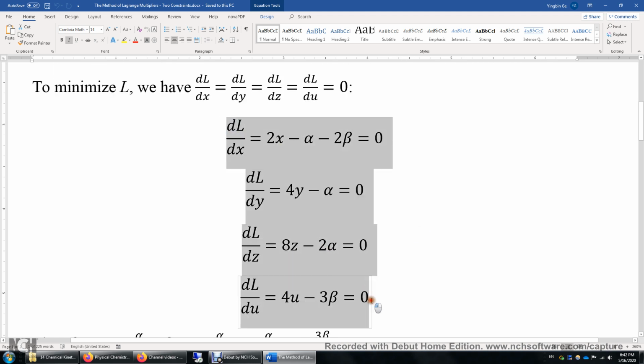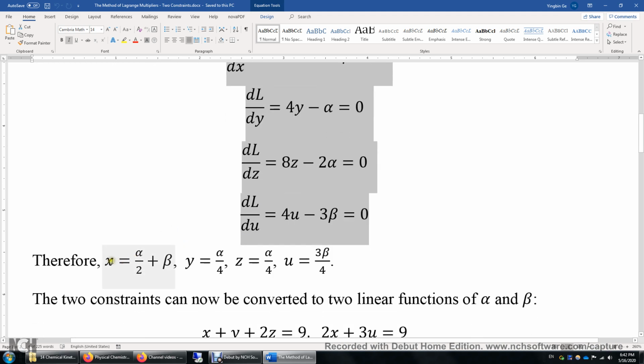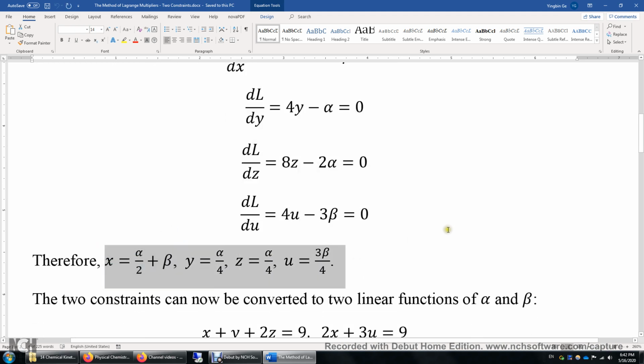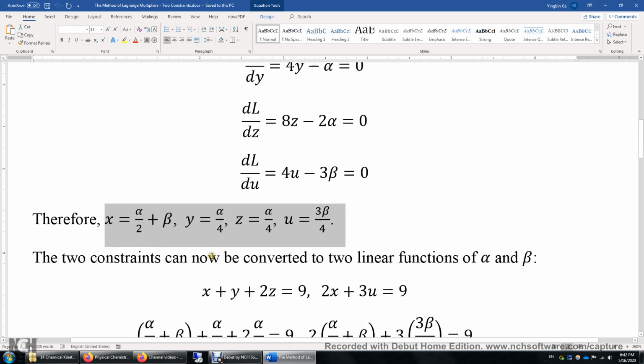Again, we get 4 equations. These 4 equations allow us to express x, y, z, and u in terms of alpha and beta. So we have those here. And then we have two constraints, right? If we have two constraints, we again have two Lagrange multipliers, alpha and beta. So we get 2 equations.